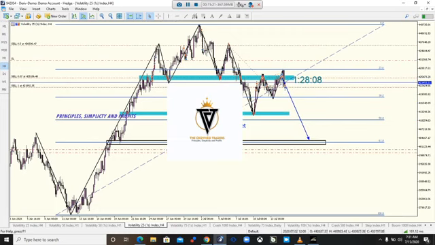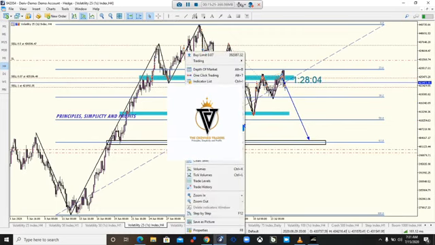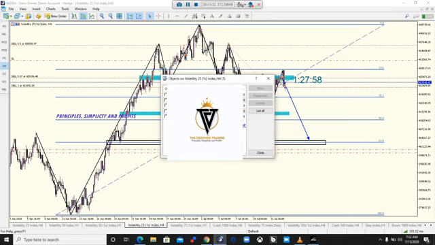My general bias for this particular trade is price moving, I see price going to the downside. My reason still remains that I'm seeing a structure here, and that's the head and shoulders pattern.